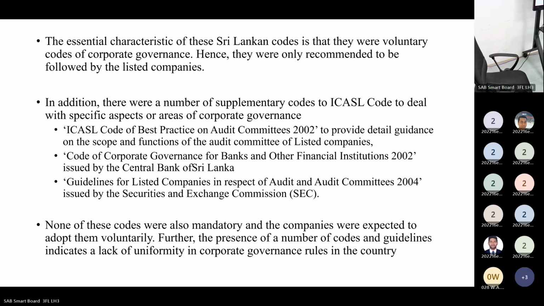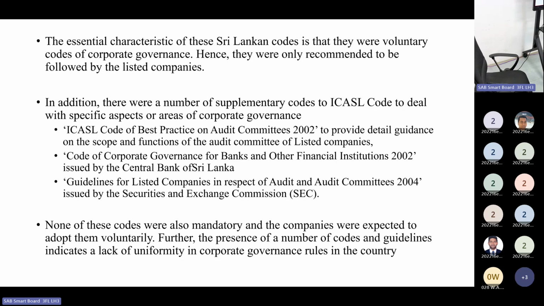Those supplementary codes are these ones: the ICSL Code of Best Practice on Audit Committee, then the Code of Corporate Governance of banks and other financial institutions, and guidelines for listed companies. In Sri Lanka, companies were confused. They had the voluntary code and some other supplementary codes. It was like a mess.